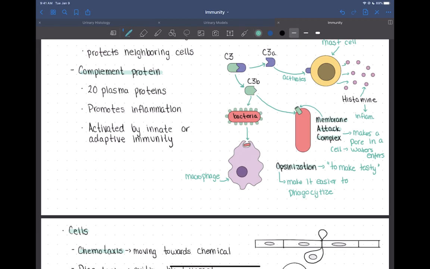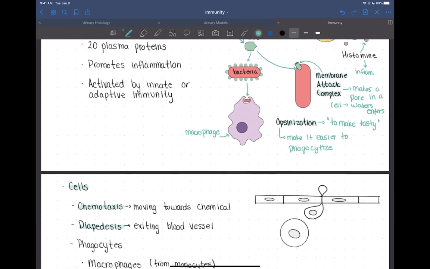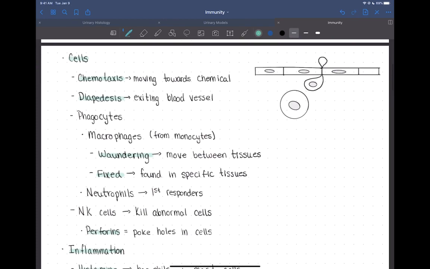All right, so now let's continue with our innate immune system, talking about the types of cells that are part of it. Just as a little review of a couple terms we talked about in our blood chapter, these cells undergo what is called chemotaxis.